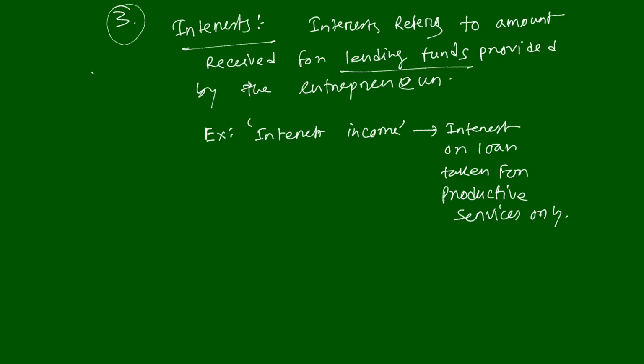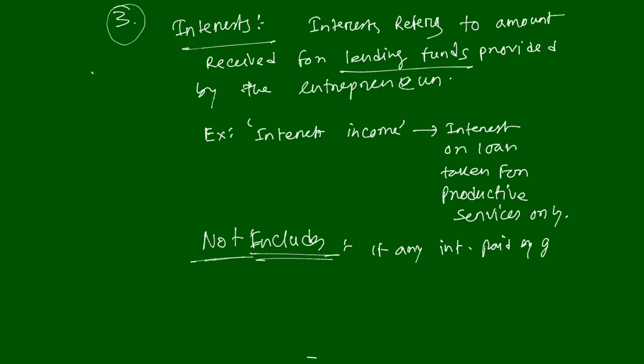So what is not included in interest income? The interest paid by the government is not included. You cannot include it in your questions or your solution. If any interest is paid by the government, you cannot take that interest in your solution.